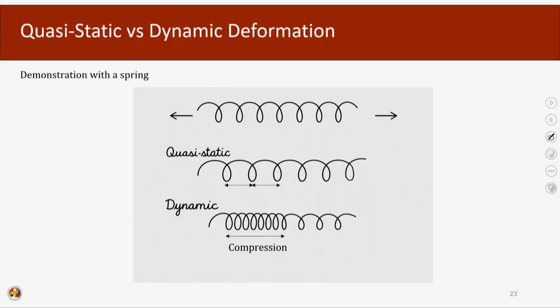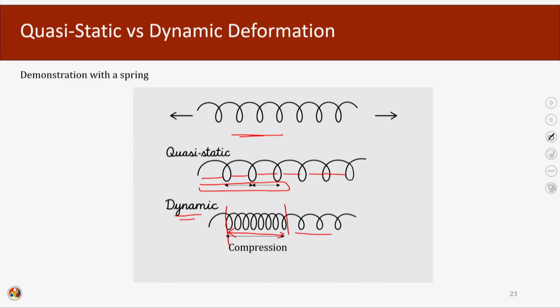There is a very simple demonstration with a spring. We have an unstretched spring. During quasi-static loading, the deformation is uniform, whereas in the dynamic sense the deformation takes place at an instant on a very small area.